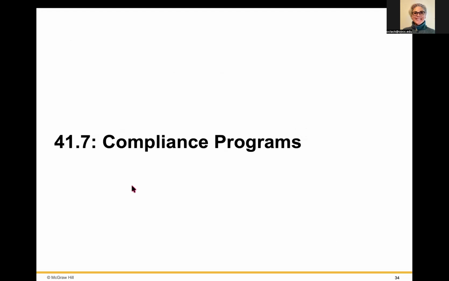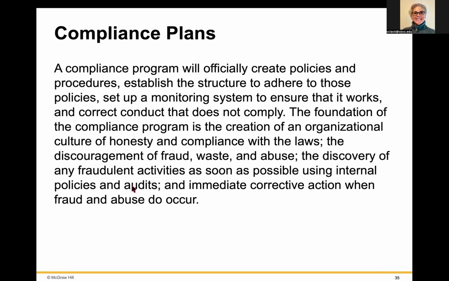Now let's shift to compliance programs. This is where organizations turn ethics and law into daily operations. A strong compliance program protects staff by setting clear expectations and reporting routes. A compliance plan is an organization's formal system for doing the right thing consistently. It does four big things. First, it creates policies and procedures, which are the rules.